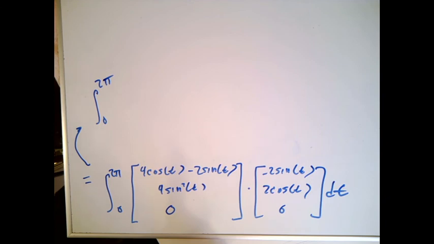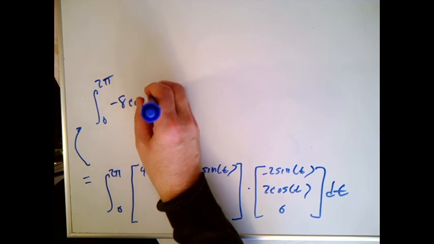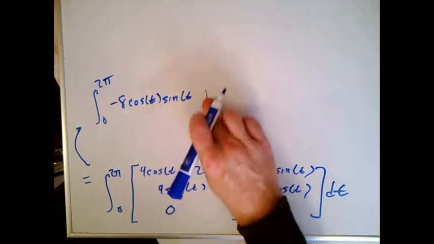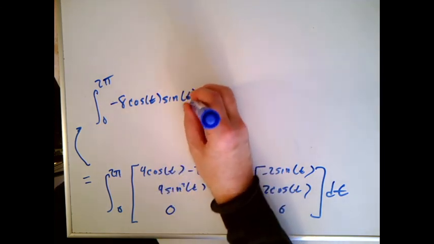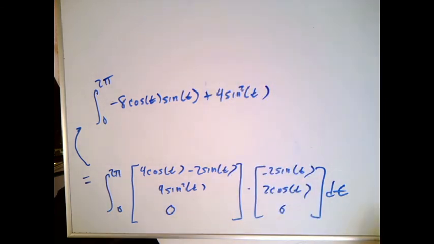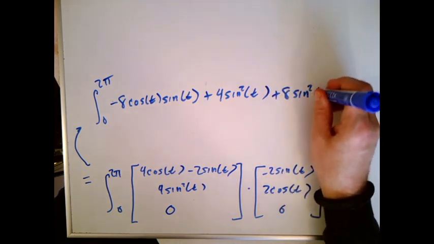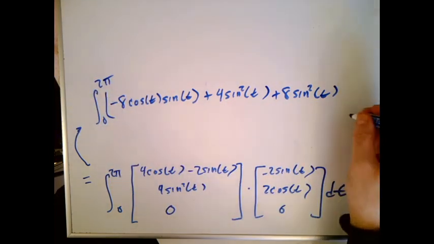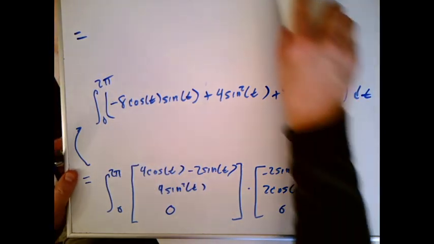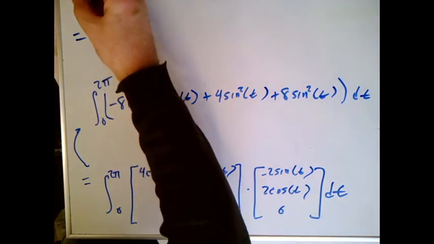Let's see here, I'm going to have minus 8 cosine t sine t, minus 8 cosine t sine t, plus 4 sine squared t, plus 8 sine squared t dt. Now I'm going to break this up into 3 little integrals.